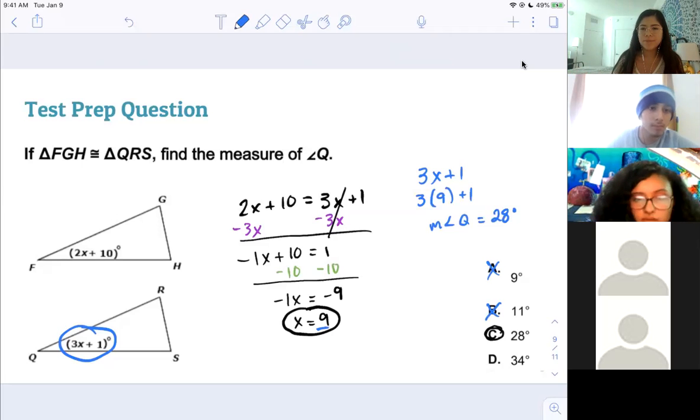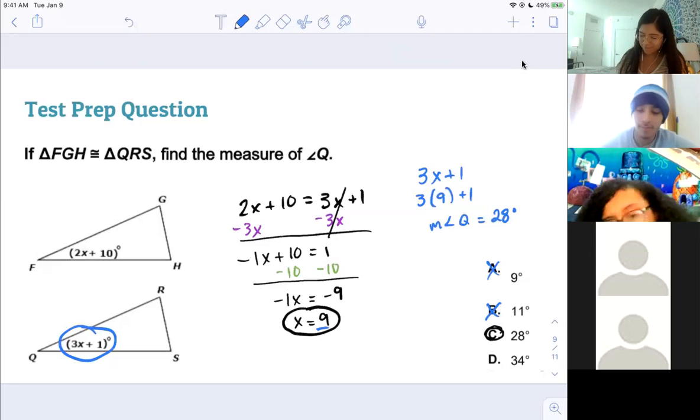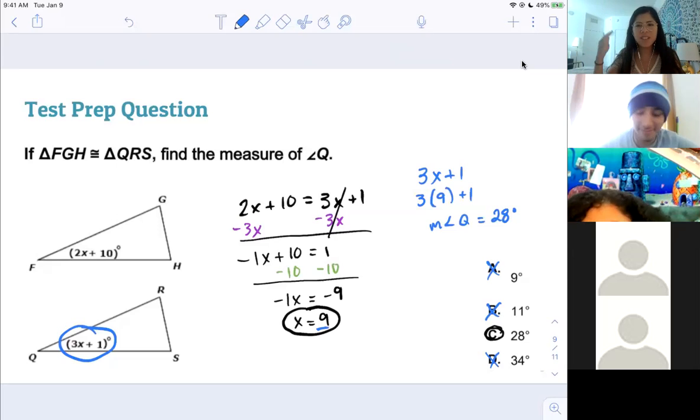Anyone? Did they plug in 11 and then plug it back in? Yep. So if you got 11 and then plugged it back in, you would have gotten 34. And that would have been wrong. So nice job. Sometimes it's good to see how they are trying to trick you, you know? Big brain, nice job.